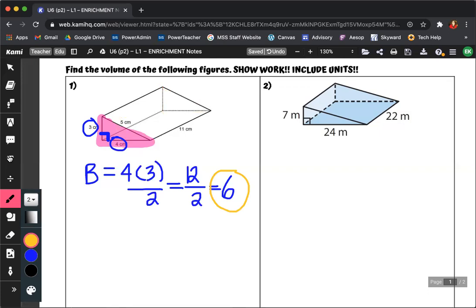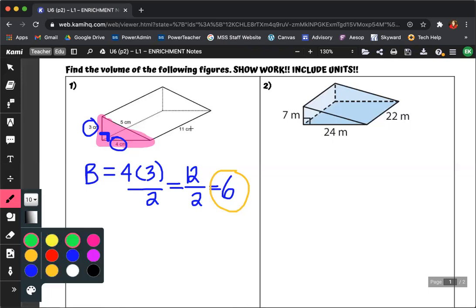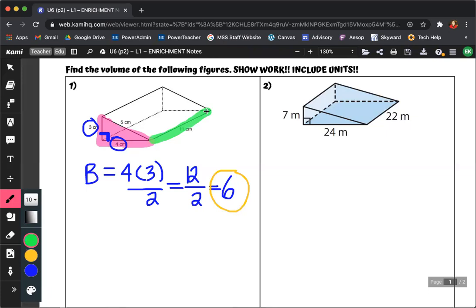The length that's connecting those two triangles is going to be our height of the prism. So if we're looking at this, I'm looking at this other length here. The 11 is showing what connects those two triangles to each other. So that is the height of the prism.